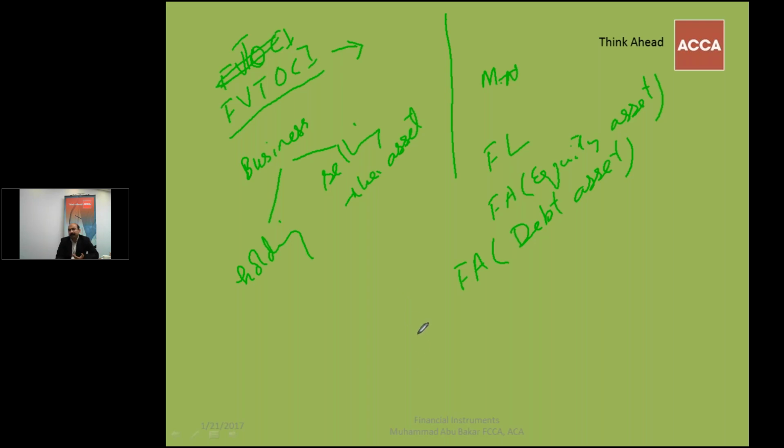Like, your previous business model was to hold debt assets to receive their contractual cash flows, but now you have changed your practice, and as a result frequent sales start. Then your business model will change, and you will have to transfer it to fair value through profit and loss account.